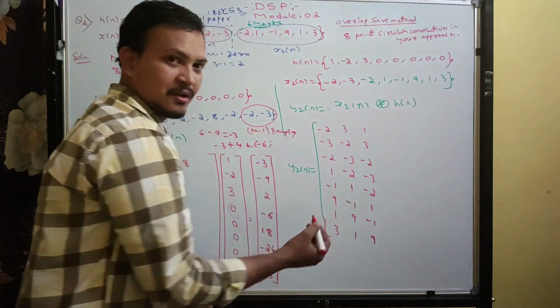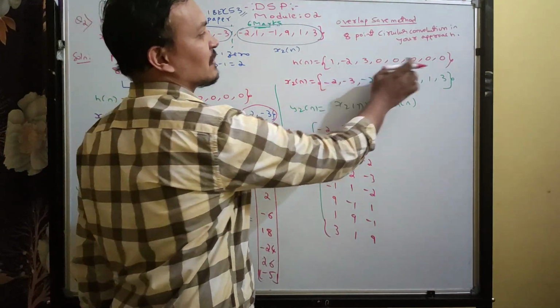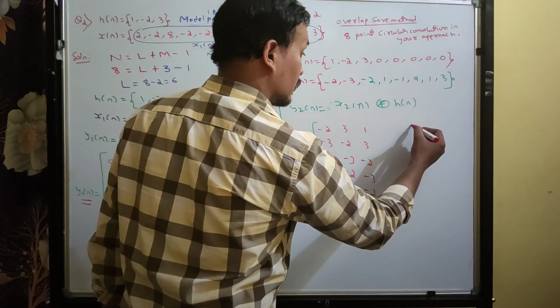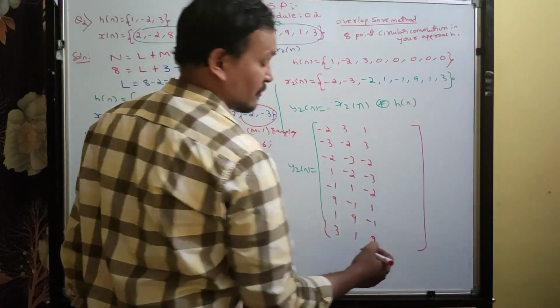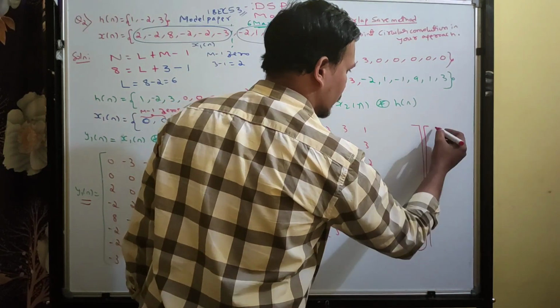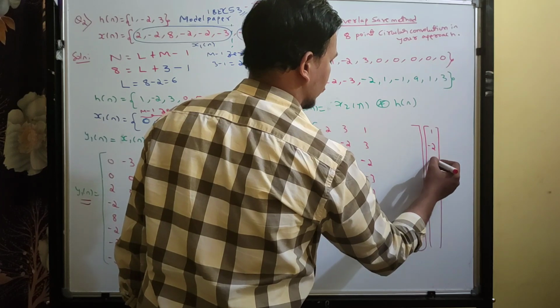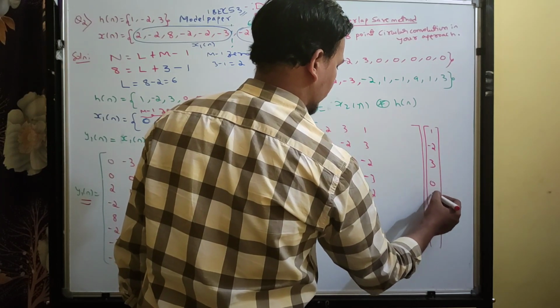Need to do further? Not required. Why? We have h of n only 3 samples, and the rest everything is 0. But you must write it in the exam, in your notebook. Multiplied by h of n: 1, minus 2, 3. The rest everything is zeros.